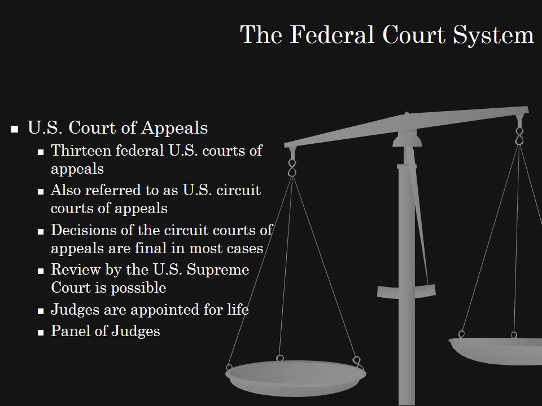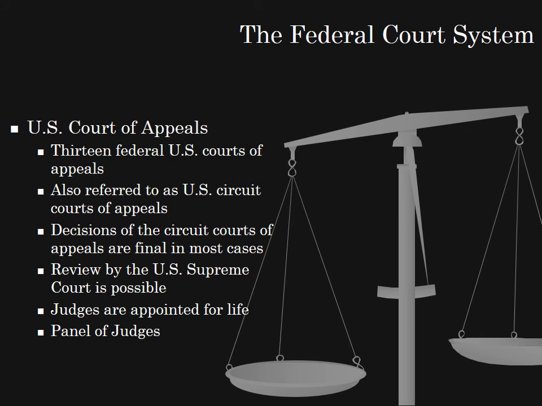They will hear appeals from the trial court, the district court, and in most circumstances, they will be the final decision, unless it is something that the Supreme Court accepts a writ to hear. Judges are appointed for life. Usually when it goes to the Court of Appeals, it's a panel of usually 3 judges that will hear the case.